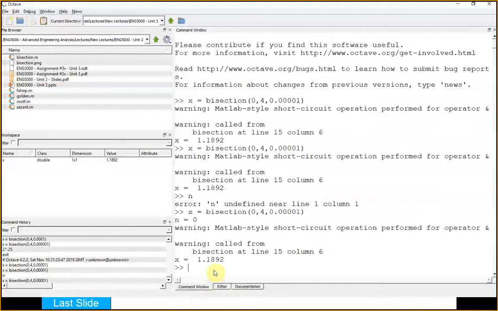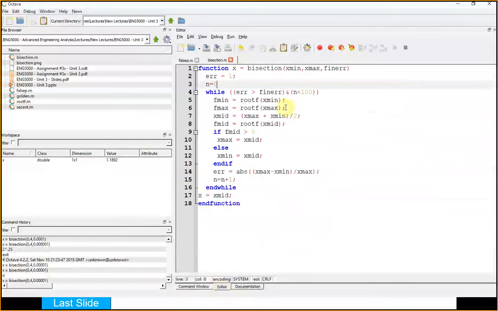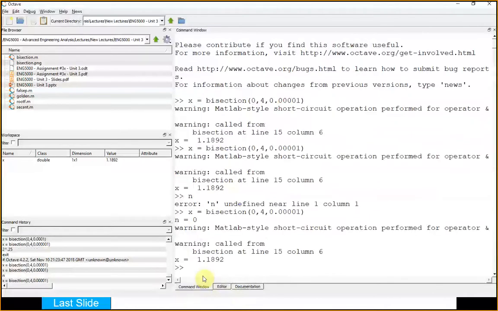So the n equals 0 runs. MATLAB style short circuit operation performed for the operator. Oh, my AND. So I must check my AND operation, see if I didn't do my AND properly. Let's check help AND, see if I made a mistake here.